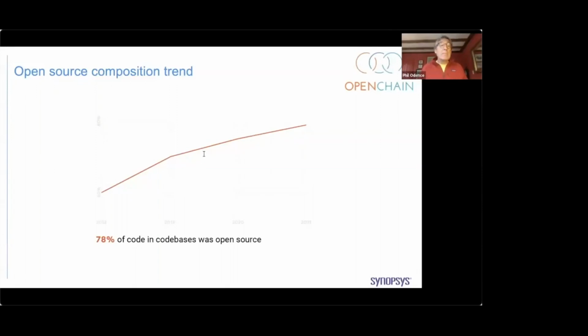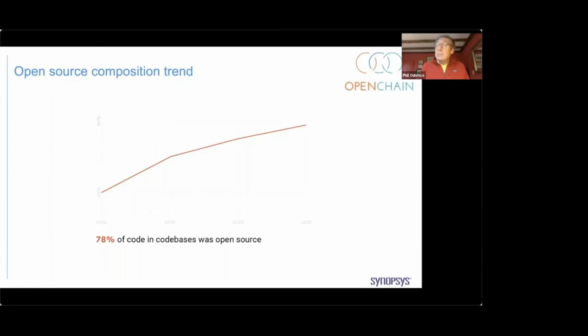And bear in mind, as I said at the beginning, these are companies that would probably consider themselves as having proprietary software for the most part. So they are technology companies getting bought by other companies for the value in the software, and even there, about 78%. My expectation, we don't have good numbers on this, is that in enterprises and banks or retailers or insurance companies, where most of the software is for their own use, that number is even higher.